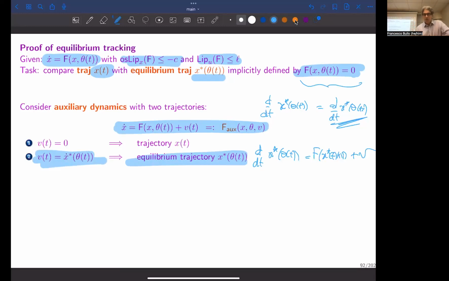And the solution that you are actually following, your trajectory, is also a solution to the auxiliary system when you use v equal to 0, because in the real system, you don't have the benefit of knowing where x dot of theta of t is going. If you knew that, then you could maybe use that to track even better. But right now, let me assume that I do not know anything about theta of t.